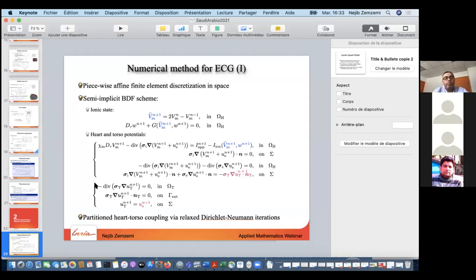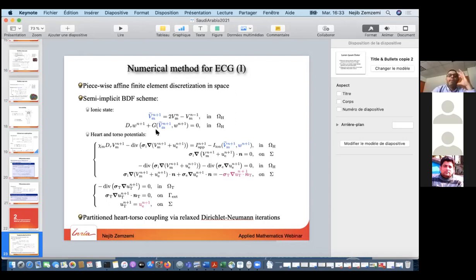The method that we present here is based on finite elements, with piecewise affine finite element discretization in space, and in time we use semi-implicit BDF schemes. In most of the numerical methods that are presented, we use this kind of semi-implicit scheme.